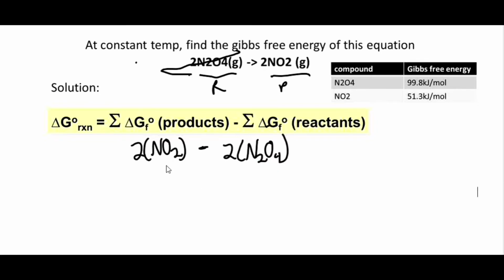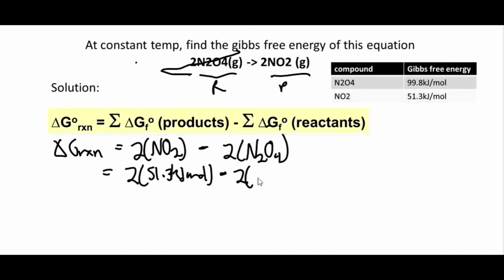Now that we have this, let's substitute the value from the table. So 2 times 51.3 kilojoules per mole minus 2 times 99.8 kilojoules per mole. Now let's multiply it.